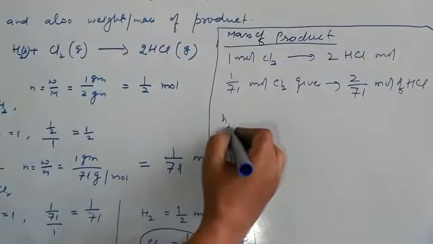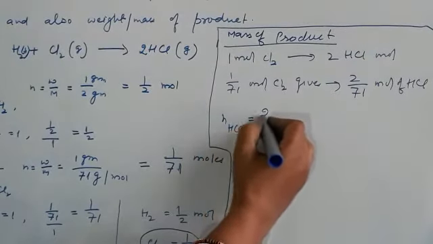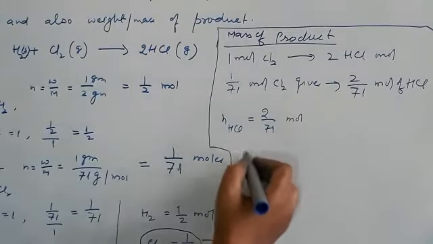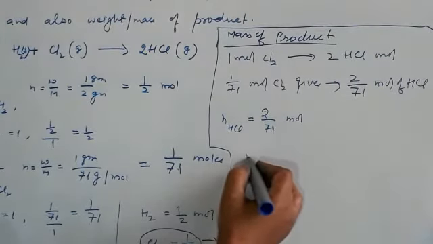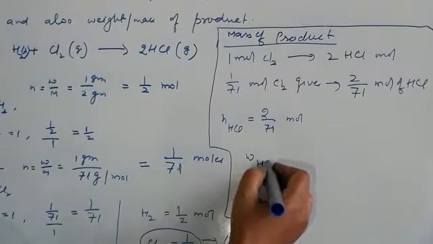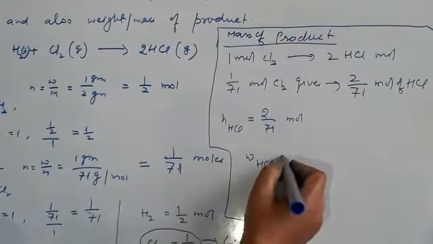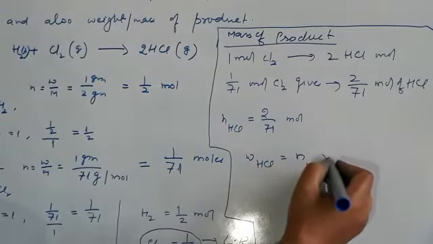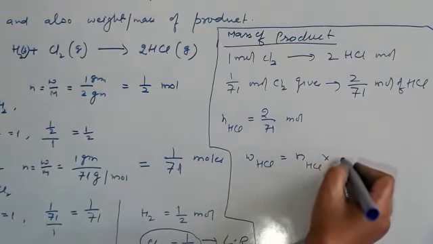So find out the mass of product. We know it is moles of HCl into molar mass.